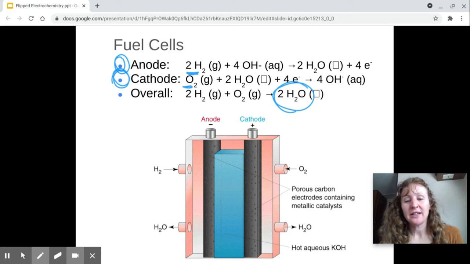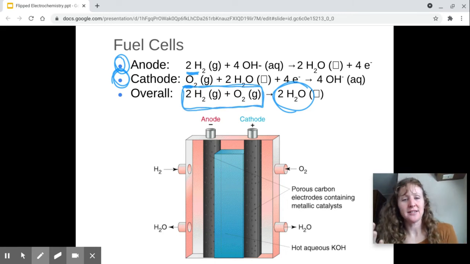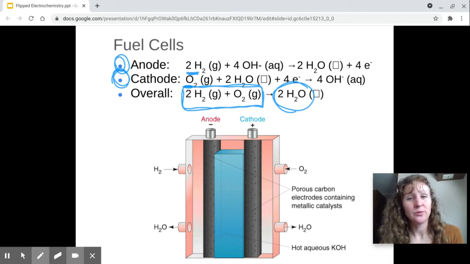The tricky part is, let's say we put a fuel cell into your car. Notice what is going to have to be stored in your car. You're going to have to store tanks of hydrogen next to tanks of oxygen. The Hindenburg was filled with hydrogen, right?